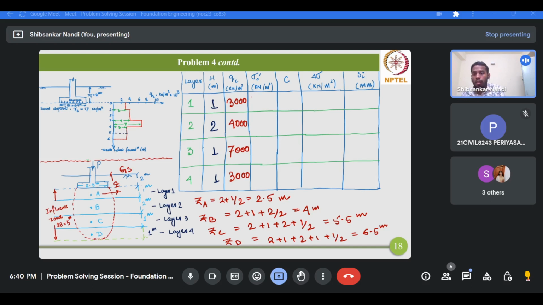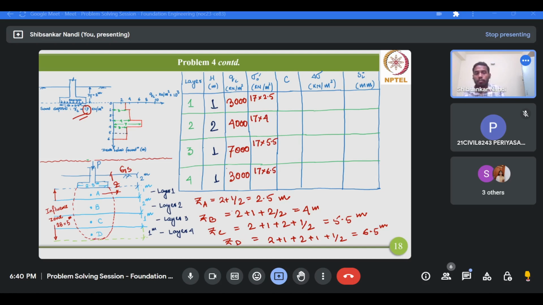Now it becomes very easy to calculate the effective overburden. The bulk unit weight of the sand deposit is 17 kilonewton per meter cube. So it will be 17 multiplied by 2.5, then 17 multiplied by 4, then 17 multiplied by 5.5, then 17 multiplied by 6.5.